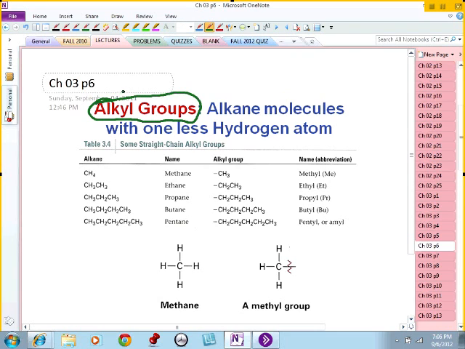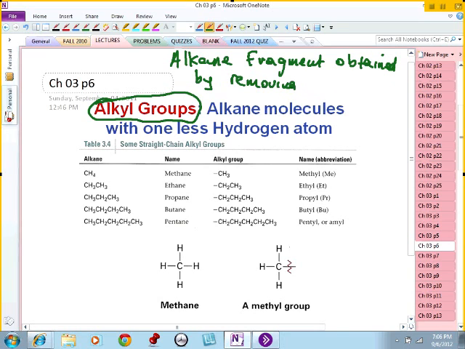The alkyl groups are alkane fragments that you obtain by removing one hydrogen atom from the alkane molecule.